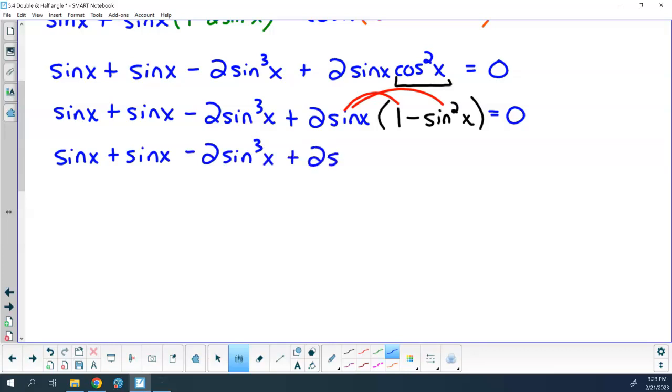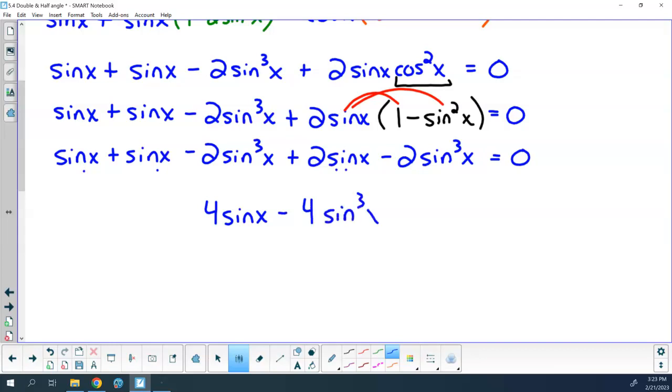So then that becomes plus 2 sine of x minus 2 sine cubed of x equals 0. Now we got like terms. So we've got 4 sine of x's, 1, 2, 4, minus 4 sine cubed of x equals 0.